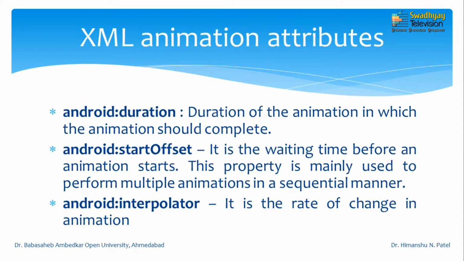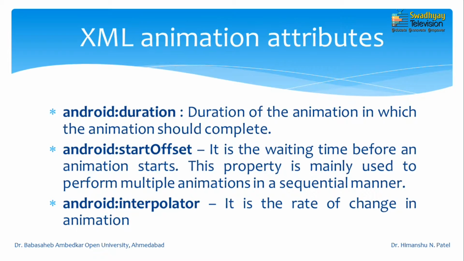Then comes android:startOffset. This attribute specifies waiting time before an animation starts. Suppose I want to start animation after 3 seconds, then I can use this android:startOffset attribute. It is mainly used to perform multiple animations in sequential manner. Suppose you want to wait before the second animation is applied after the first one, then you can specify this start offset.